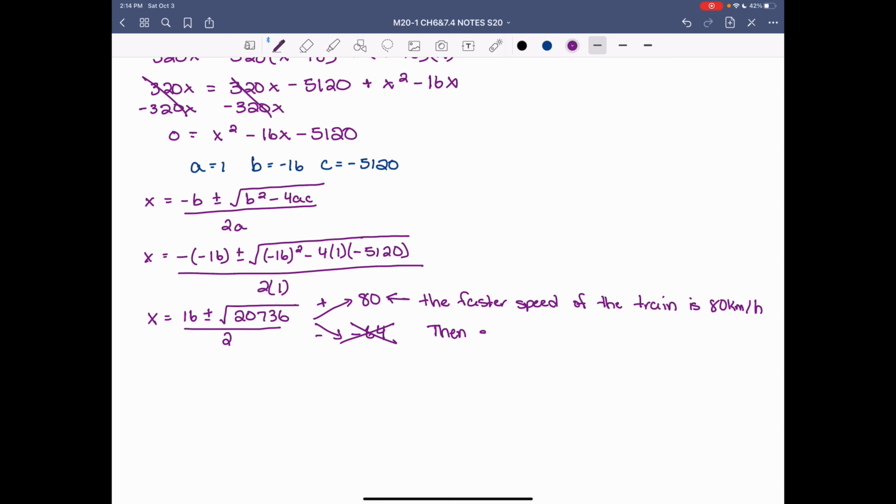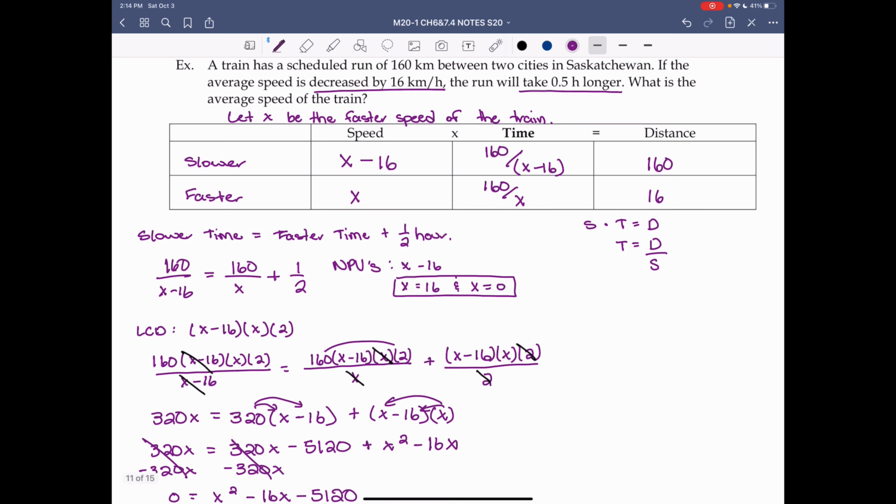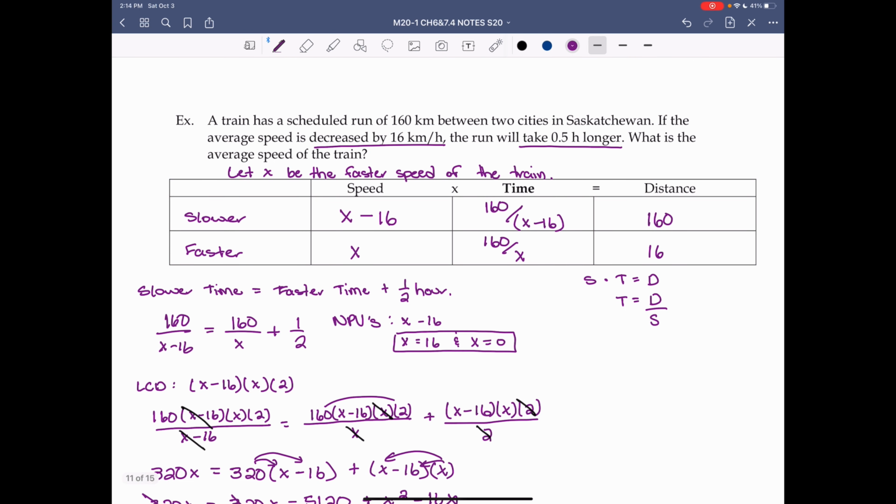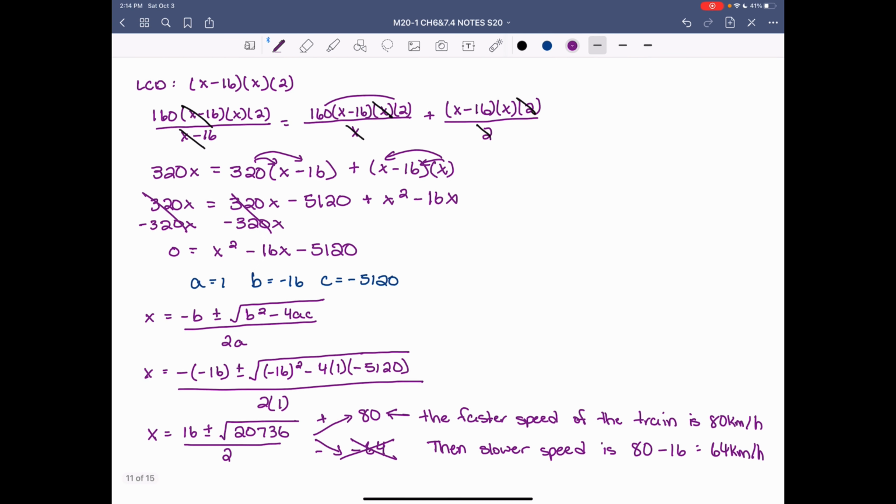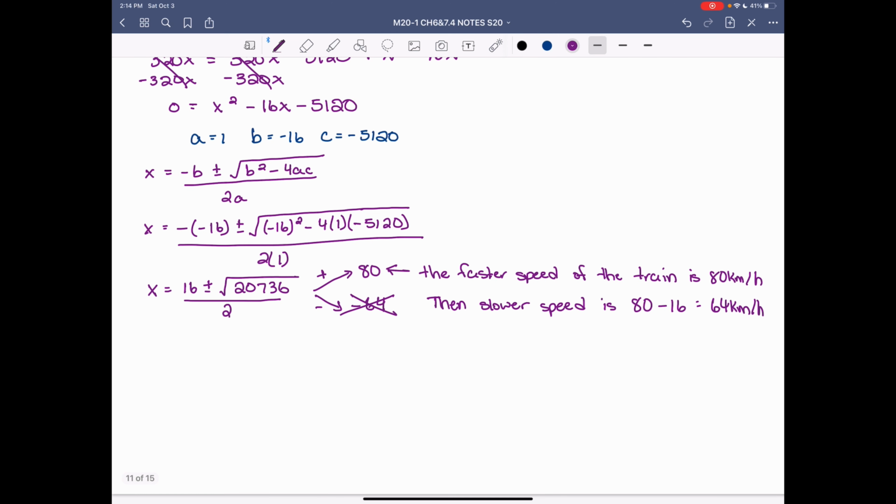Then the slower speed is 80 minus 16, because it was x minus 16, which equals 64 kilometers per hour. And let's remind ourselves what the question's actually asking us. It says, what is the average speed of the train? The average speed would be if we take the two speeds and divide them by 2, because there are two different speeds.